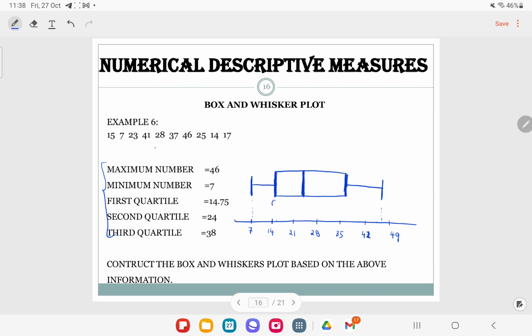So label it Q1, Q2 and Q3. Minimum number and then also maximum number. Okay, don't forget to put a title here. Alright, so done. This is how you construct your box and whiskers plot.